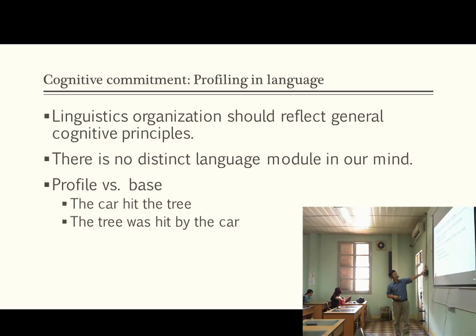So basically, the figure-ground theory of cognitive linguistics says that there is no distinct language module in our mind. There are just differences between things that get our focus and things that do not get our focus.